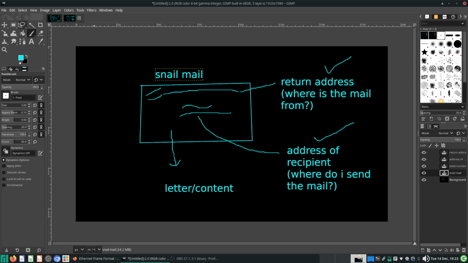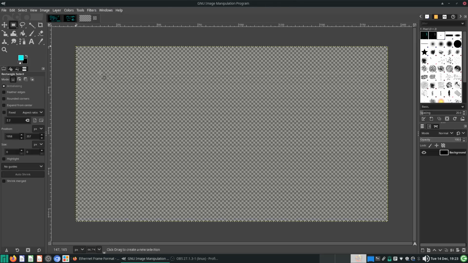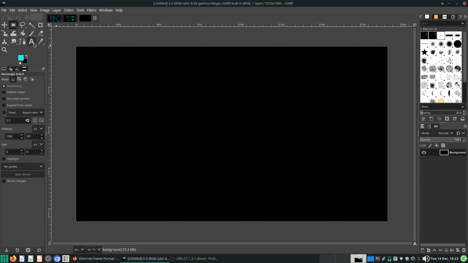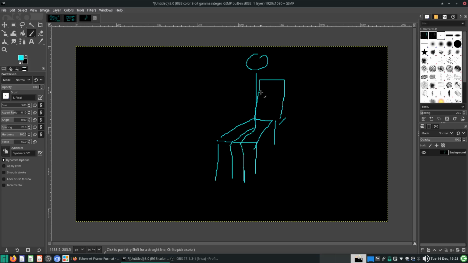Picture yourself in a post office and you are the postman, sitting on a chair. This is a stick figure, and you are trying to sort out mail. I'll draw a piece of mail here.